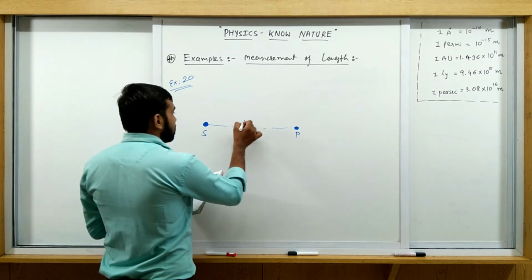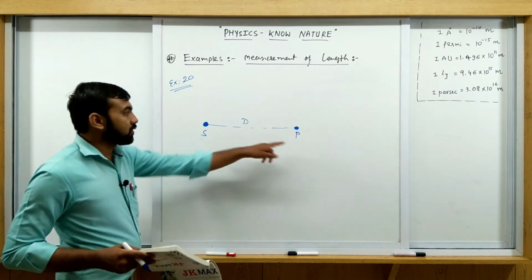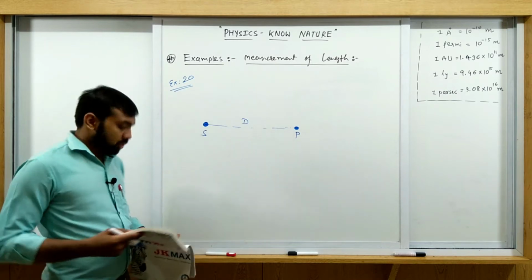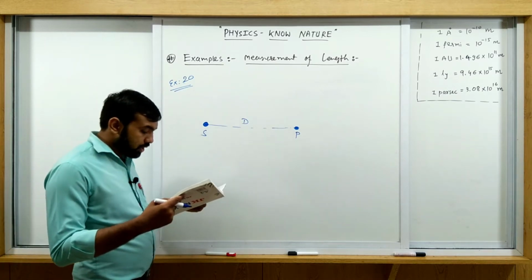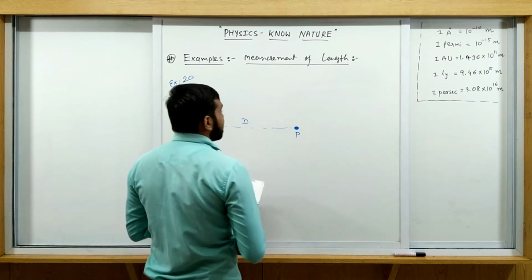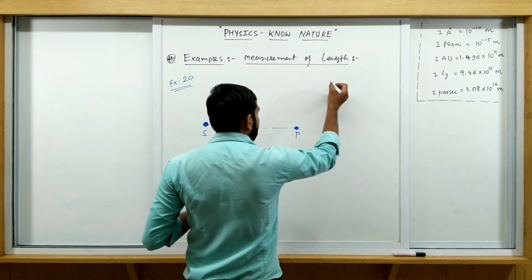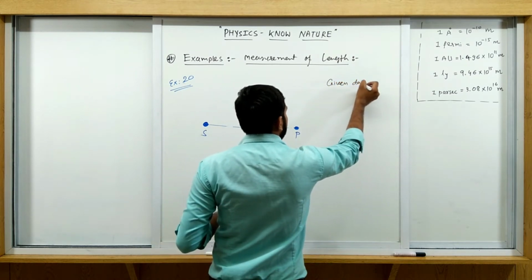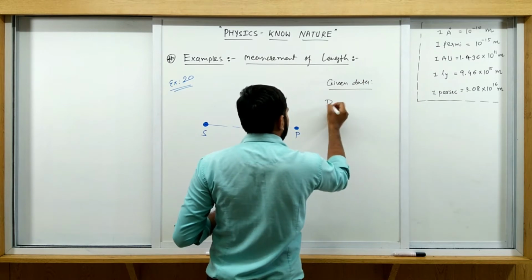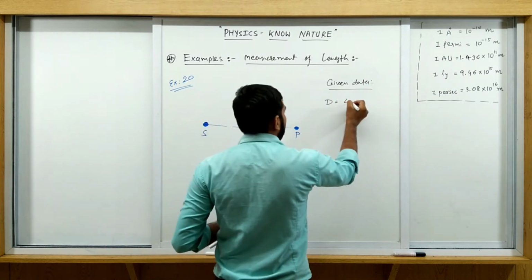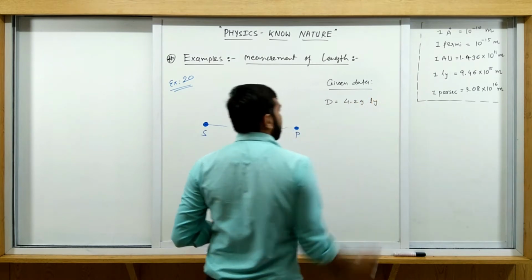This distance is generally named as the capital D, distance between two stars, distance between two planets, and so on. So what is this capital D? As given data, capital D is equal to 4.29 light year.